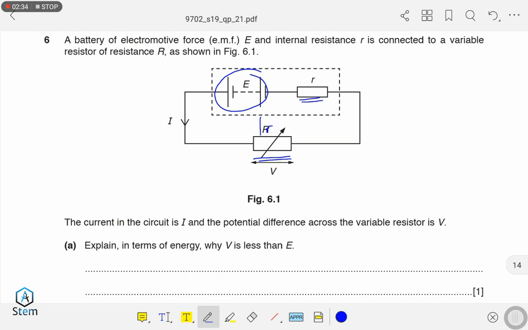Here we have a potential drop which is equivalent to Ir. If we put this together, E should be equal to the potential drops, which are I, okay, this is supposed to be capital letter R, which are IR plus Ir. So this is equal to IR. This one is equal to V, then plus Ir. So this is the equation which links E, V, I, and small letter r.